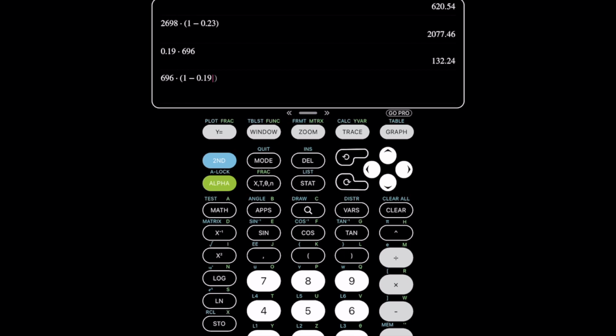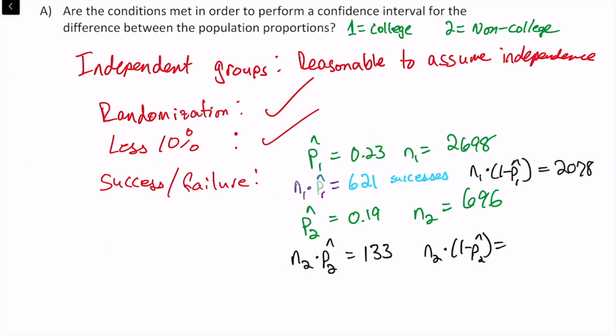I know I flipped my order of multiplication, but the order of multiplication never matters. And we get 564, let's call it. I'm just always going to round up these numbers. All of these are bigger than 10. We are good to go. Remember the success failure conditions: we need them to be greater than 10.